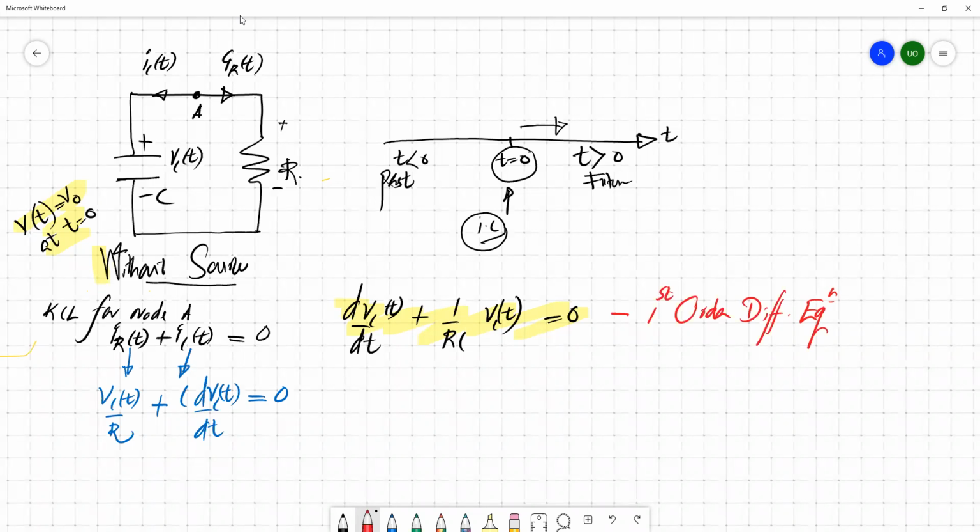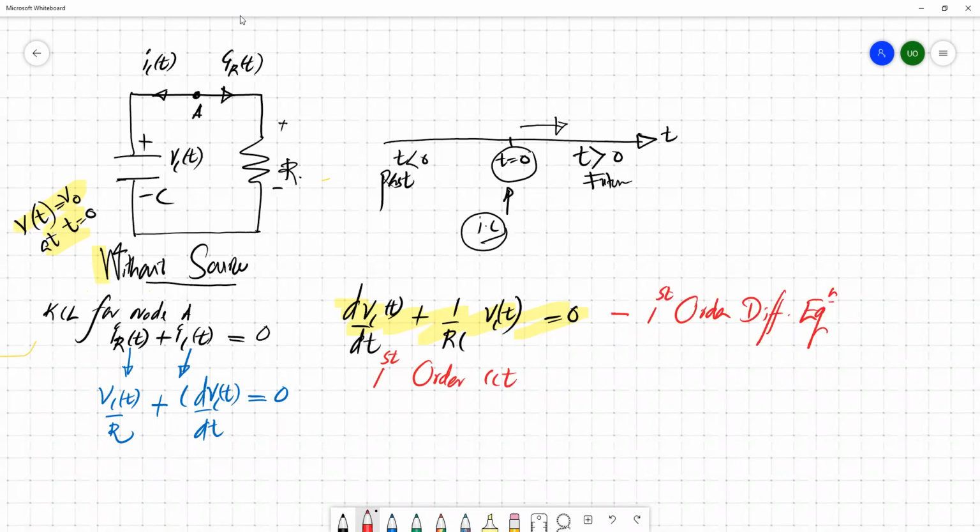I believe you cover this stuff in the differential equations module in maths. It is first order because the order of the derivative is 1. So it becomes a general first order differential equation. The behavior of the voltage can be mathematically modeled using a first order differential equation, so such circuits can be identified as first order circuits.